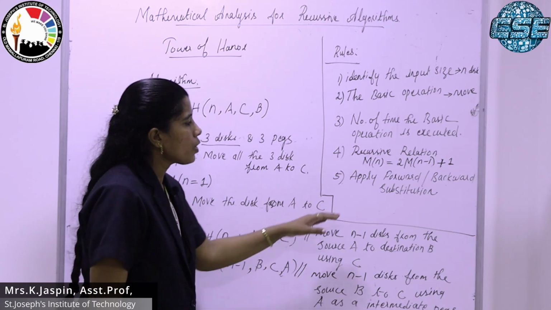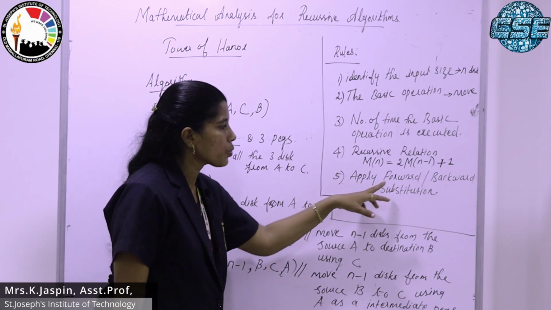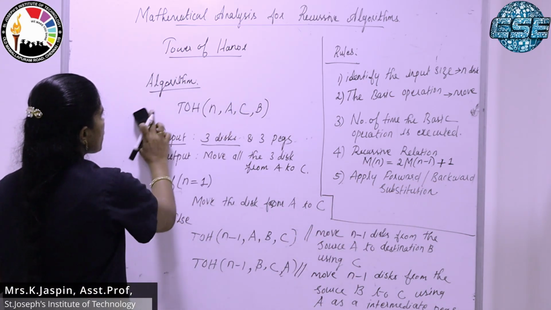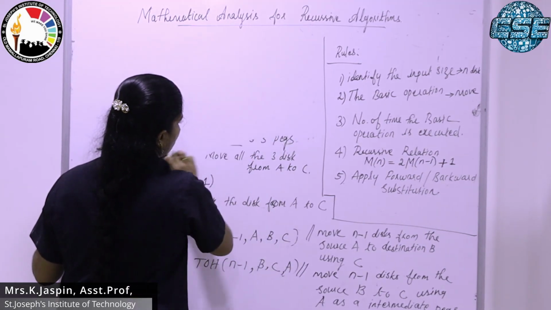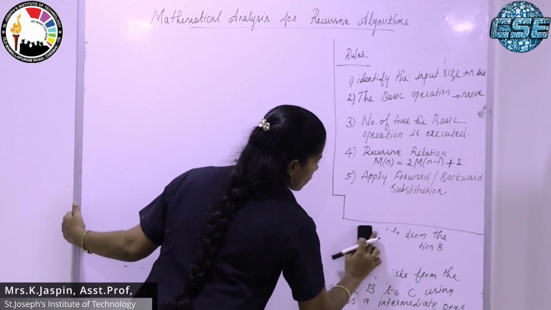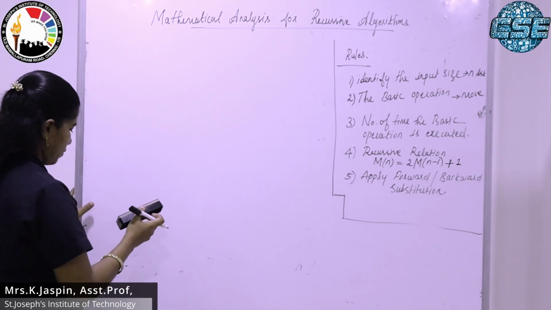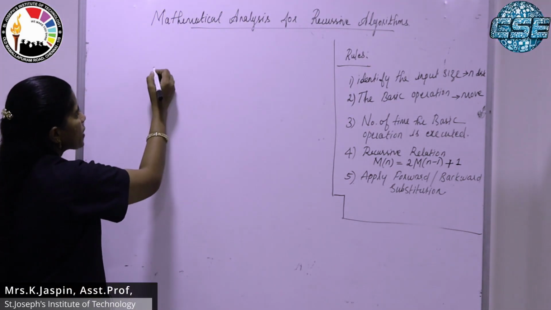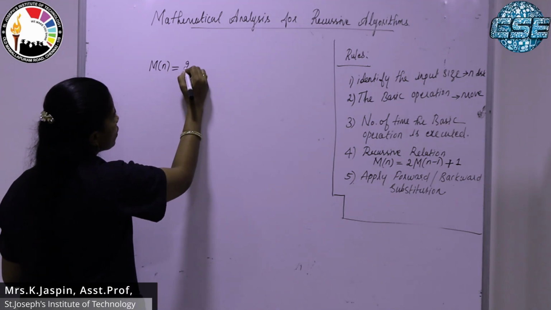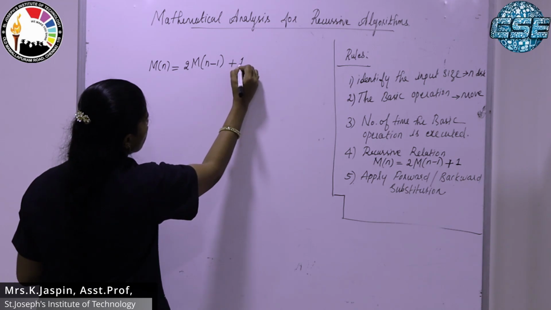So after that, we are going to bring out the time complexity from this recursive relation by applying the forward or backward substitution method. Let's see that process here. So let's consider the recursive relation for this Tower of Hanoi problem: M of n is equal to 2 M of n minus 1 plus 1.